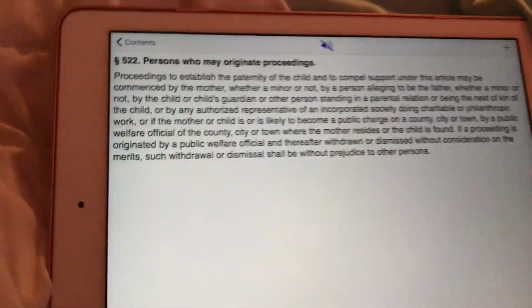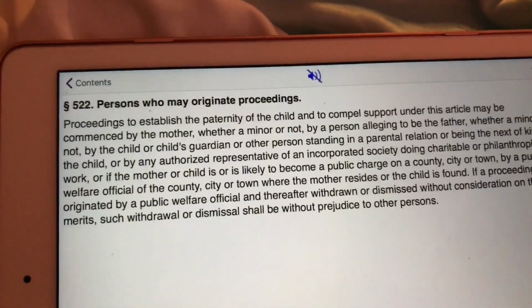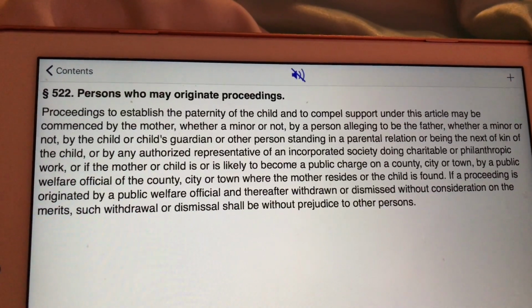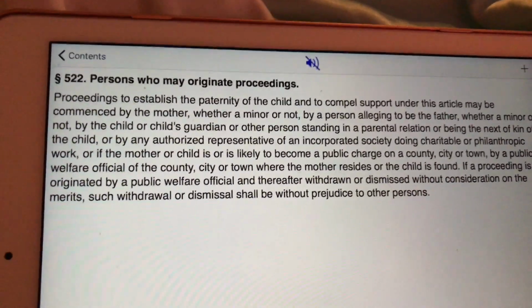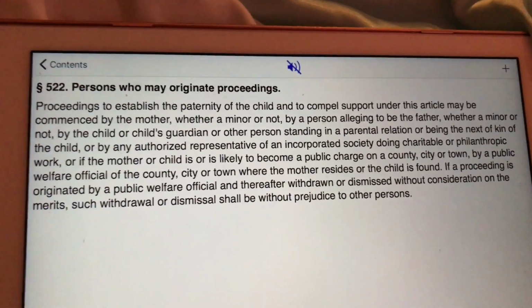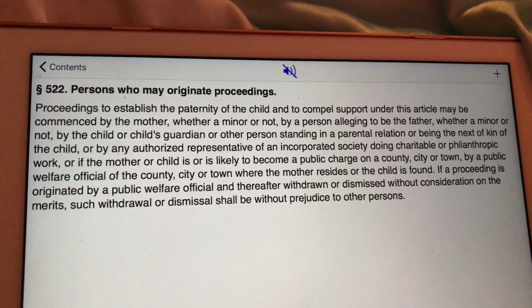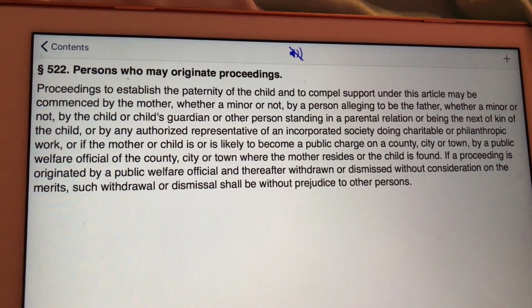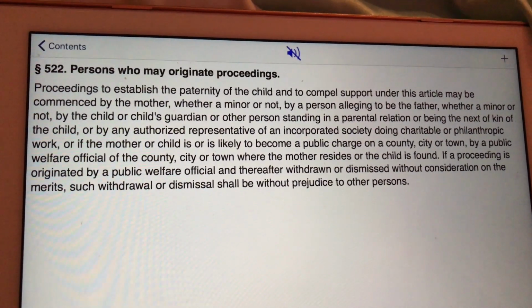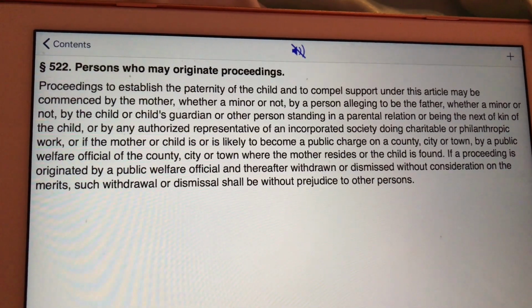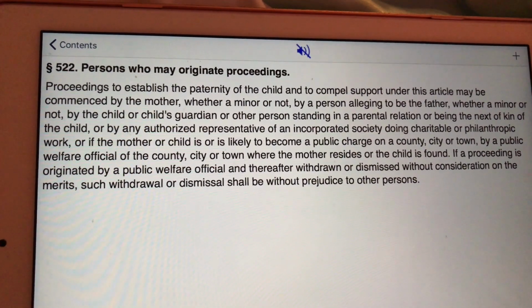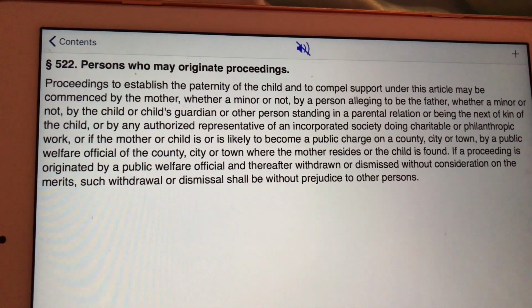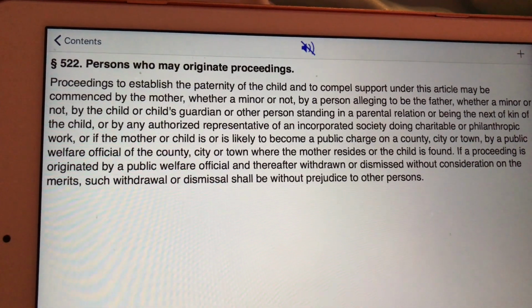522. Persons who may originate proceedings. Proceedings to establish the paternity of the child and to compel support under this article may be commenced by the mother, whether a minor or not, by a person alleging to be the father, whether a minor or not, by the child or child's guardian or other person standing in a parental relation or being the next of kin of the child, or by any authorized representative of an incorporated society doing charitable or philanthropic work, or if the mother or child is or is likely to become a public charge on a county, city or town, by a public welfare official of the county, city or town where the mother resides or the child is found.